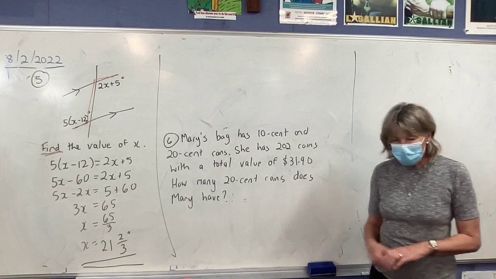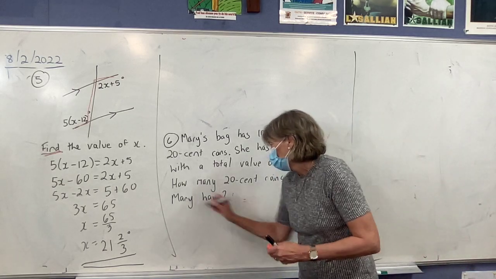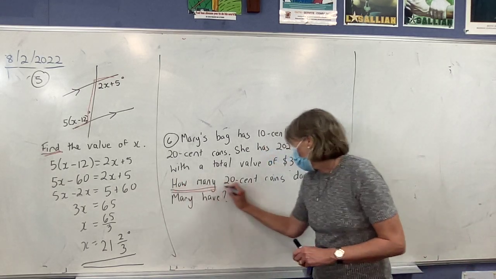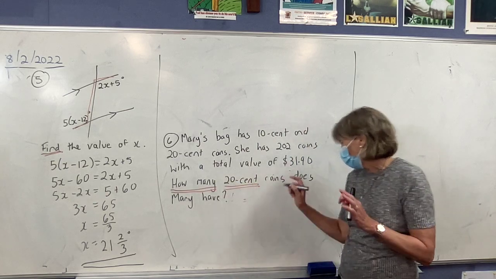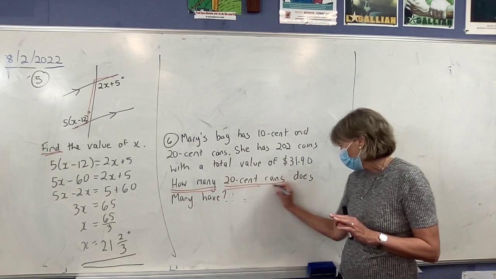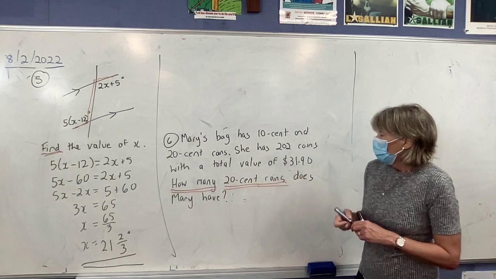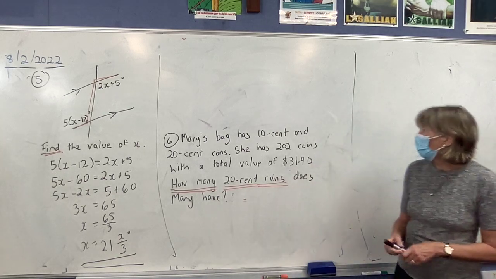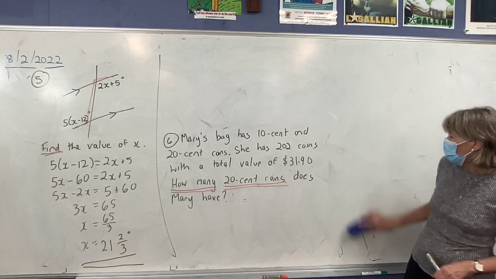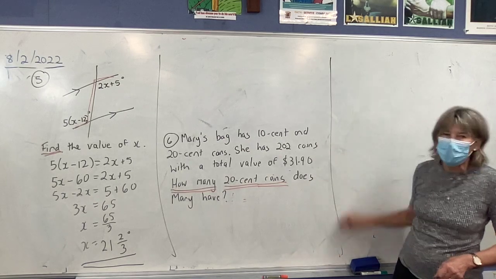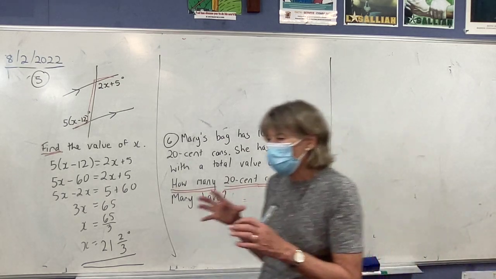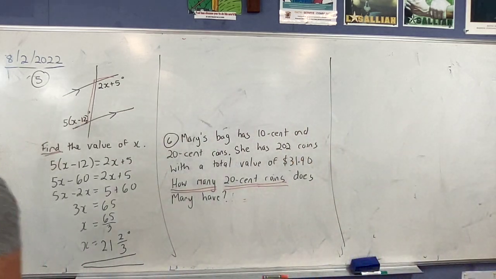All right, so this one here, look at what they've asked for. I'll help you out with this bit in a minute. Now a lot of people get mixed up on this because we're talking about two different things. One is the value of the coins that you've got in your collection, and the other one is the number of actual coins that you have.